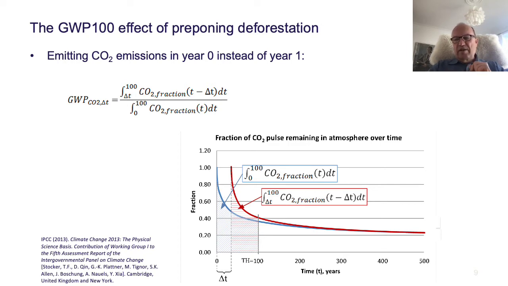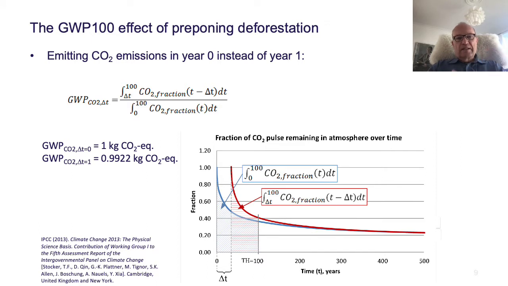So the area between the two graphs, the difference between those two, is the additional CO2 concentration in the atmosphere over that total period where the pulse emission will remain in the atmosphere.